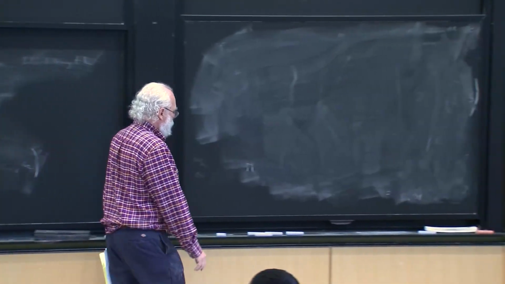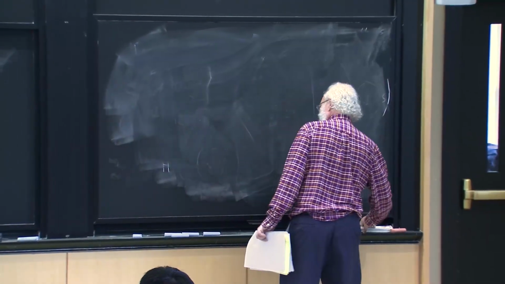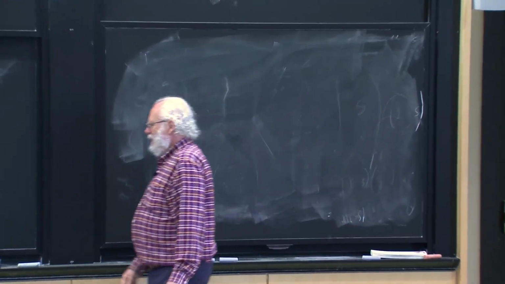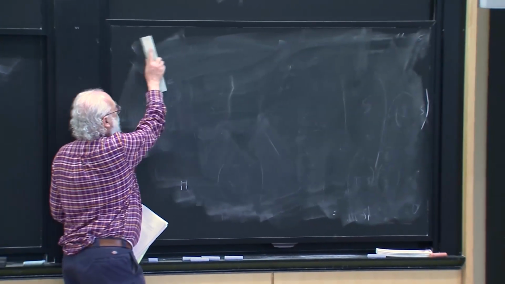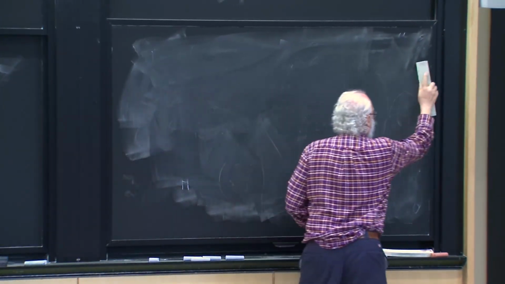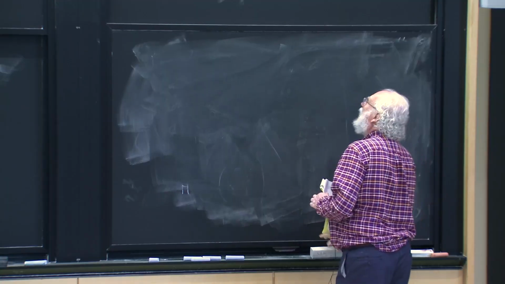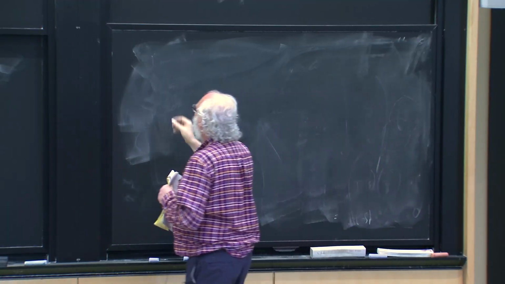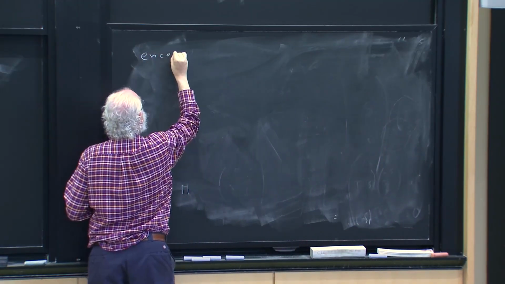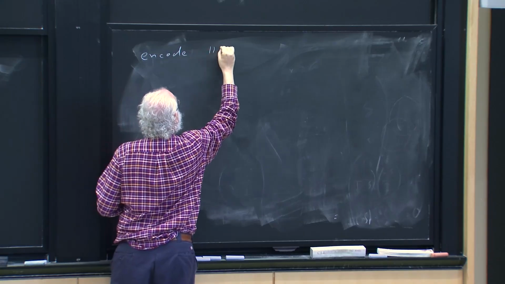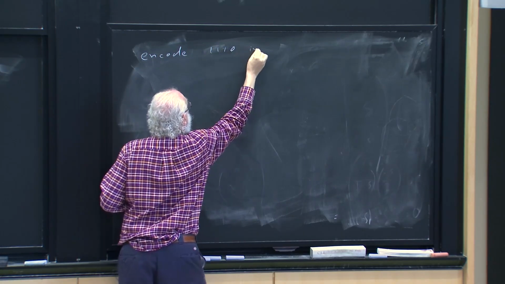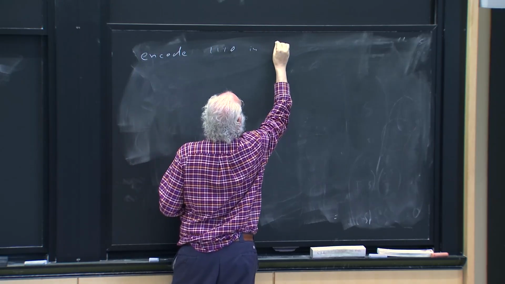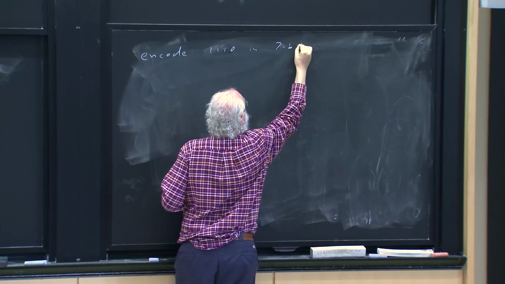So let's do an example, because I think we probably have more than enough time for an example. Encode 1110 in our 7-bit Hamming code.